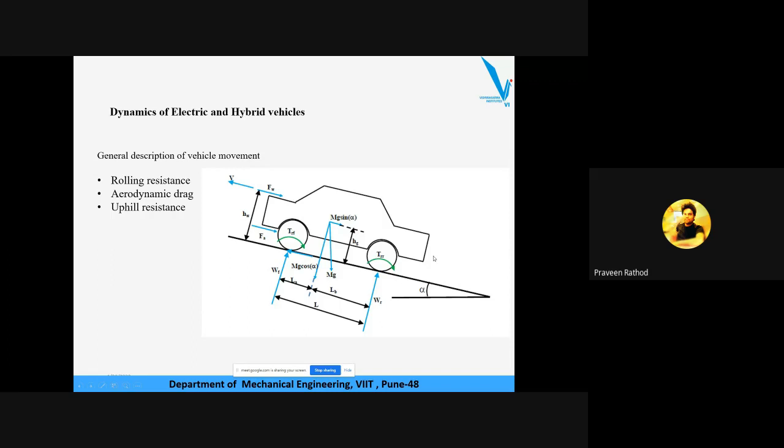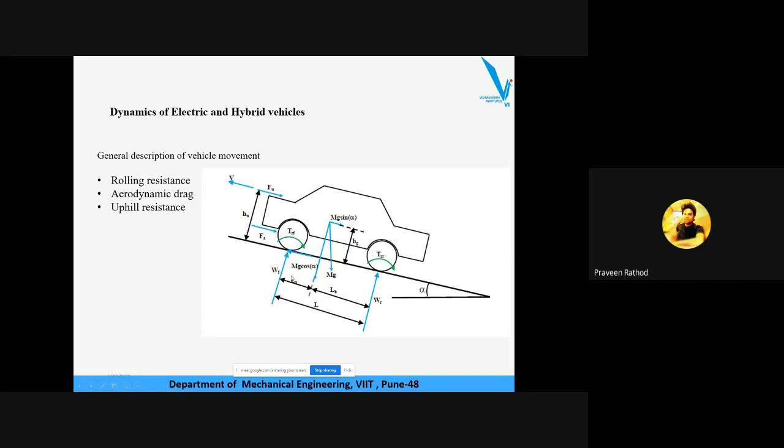FD is the drawbar pull, added whenever we attach a trailer to this vehicle. One more reaction force will also be added at the tire when the trailer is attached.